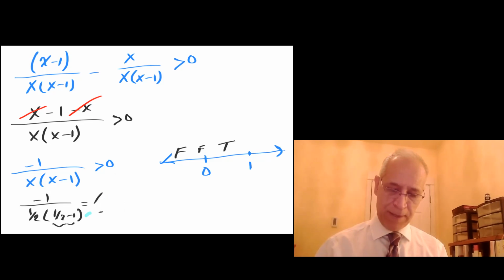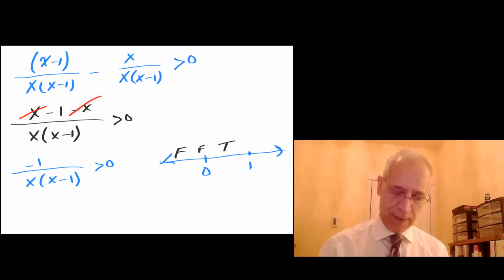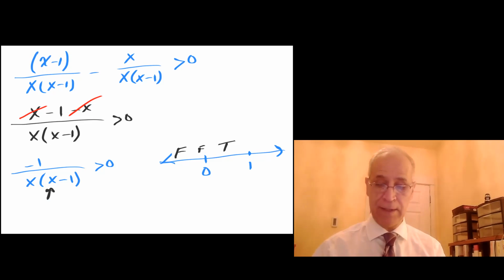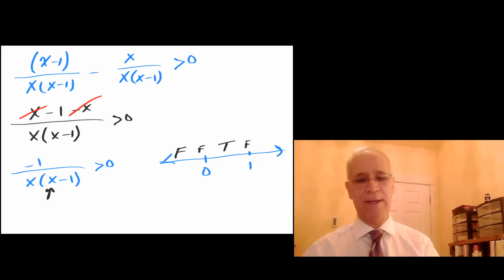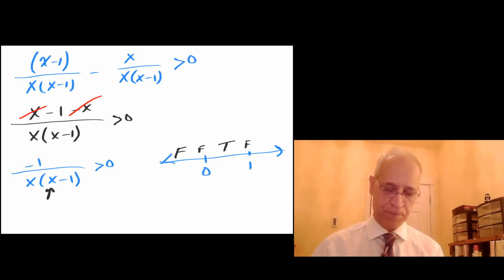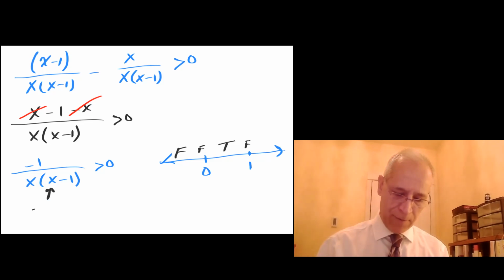We also agreed that 1 is not part of the domain because when x is 1, the rational expression is going to be undefined. So 1 itself is false. And let's pick a number to the right of 1, say 2. Then I have negative 1 over 2 times 2 minus 1, and that gives me negative 1 over 1 times 2, which is 2.